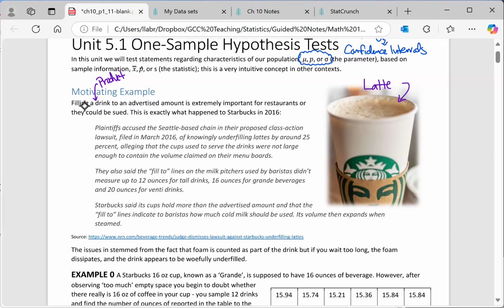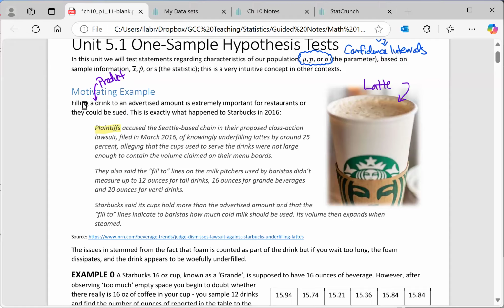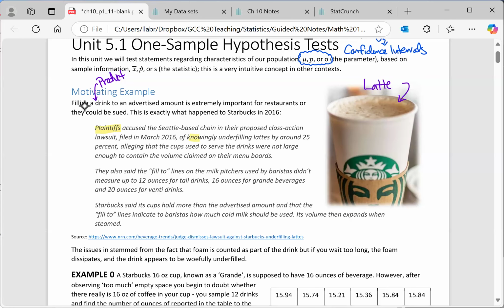In 2016, plaintiffs sued Starbucks in a class action lawsuit, basically trying to represent everyone that was affected, because they claimed that Starbucks knowingly underfilled lattes by around 25%, alleging that the cups used to serve the drinks were not large enough to contain the volume claimed on their menu boards. They also had this pretty interesting line here.